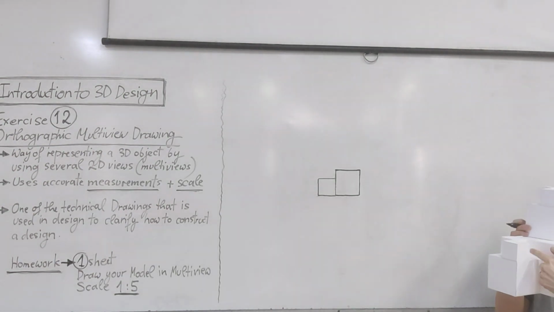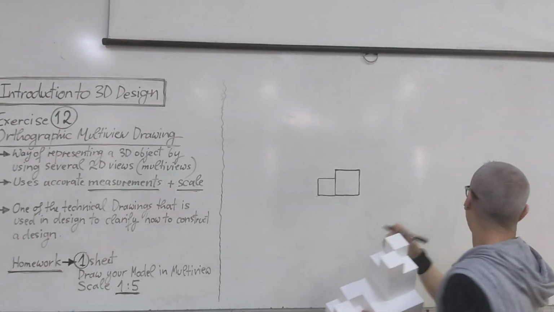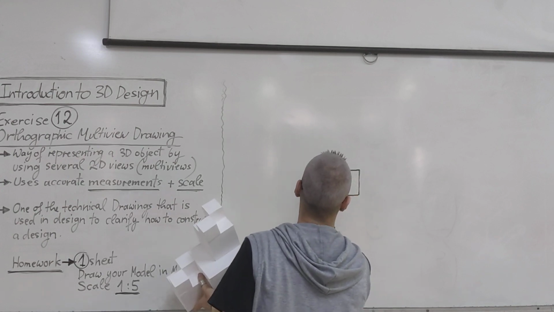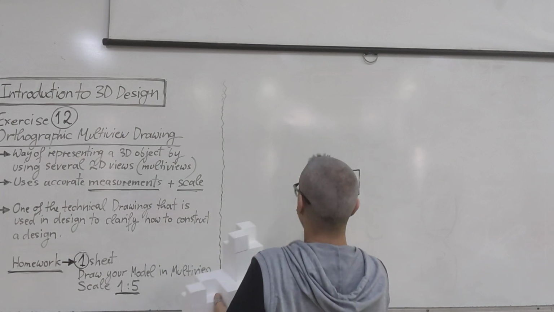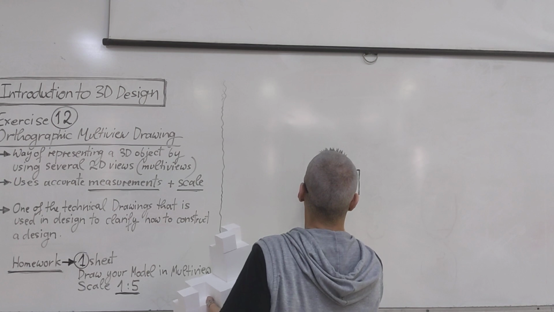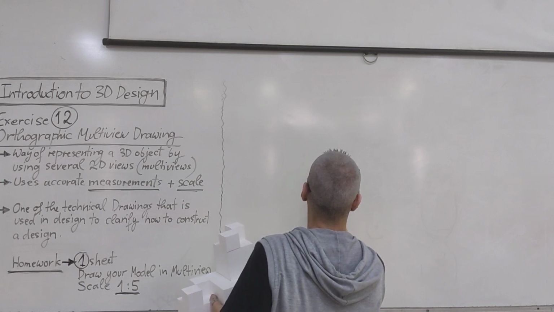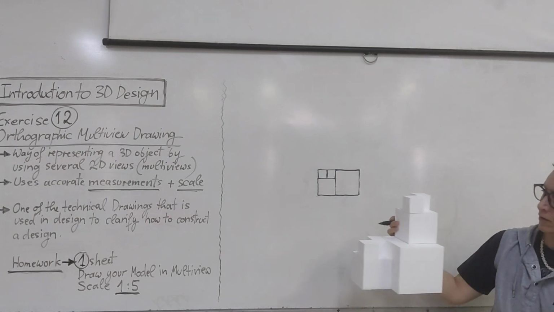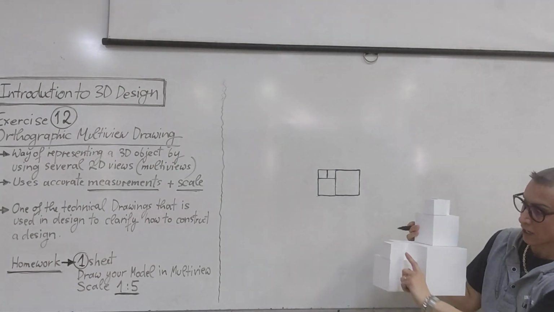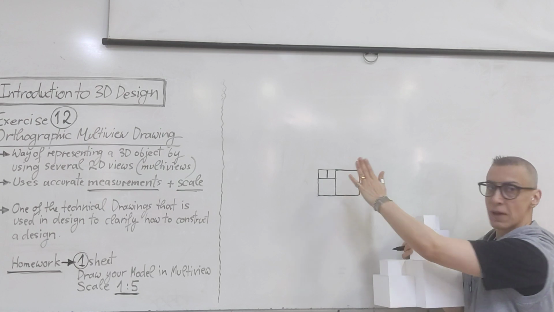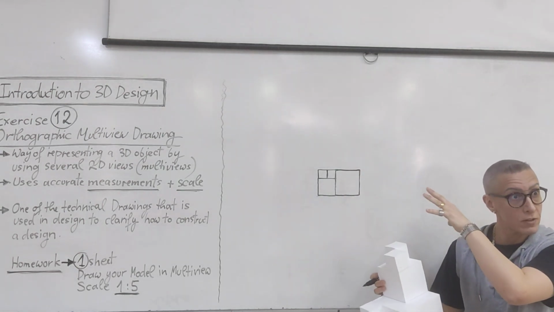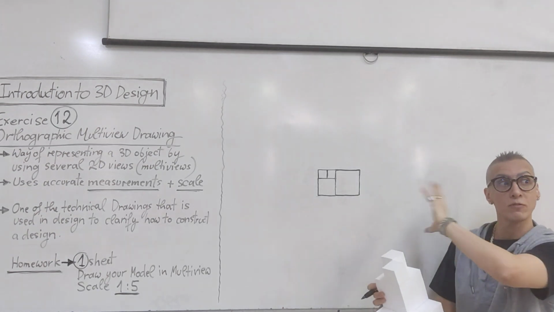So 2 faces of 2 small cubes, which are 1 centimeter. Again, okay? This is what it will look like. So we don't see which is at the back, which is at the front. We just draw the view.